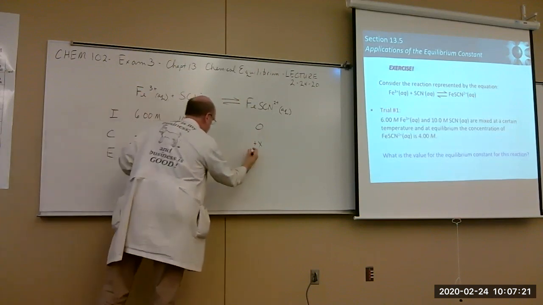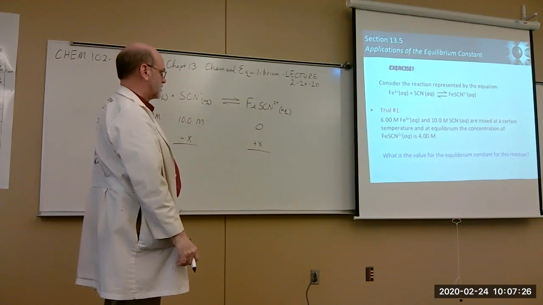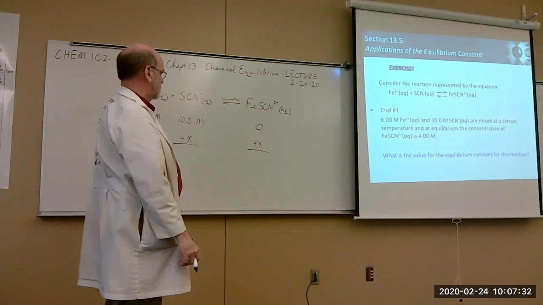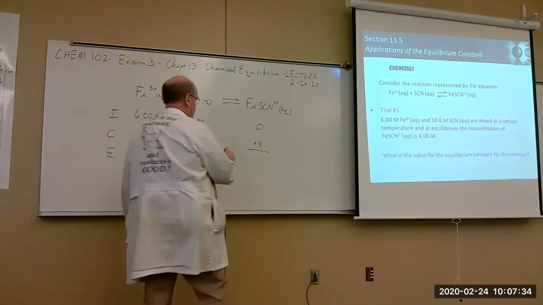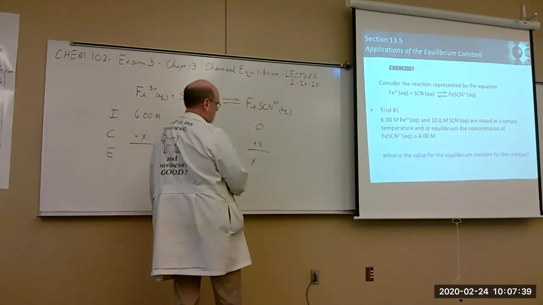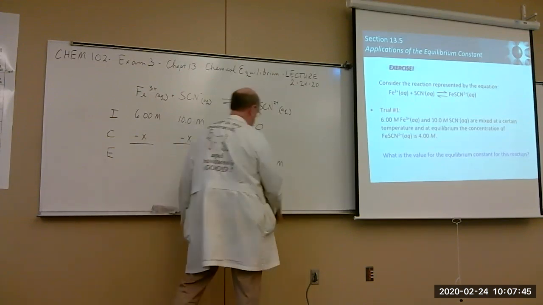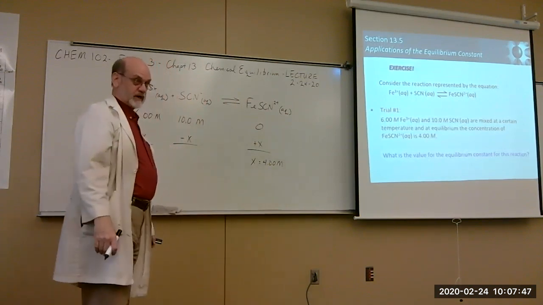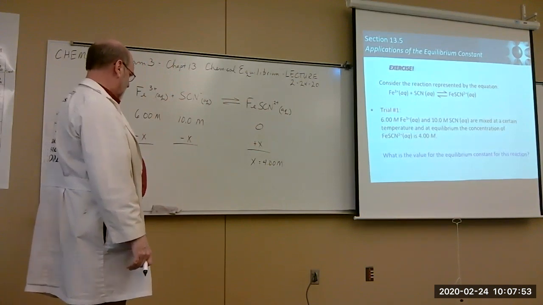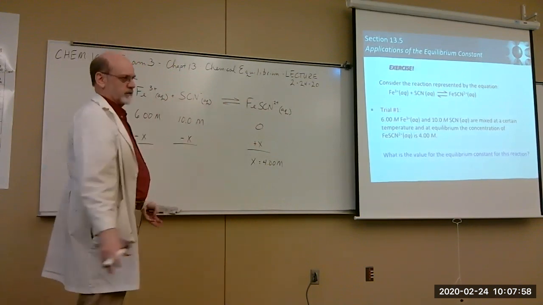So now, let's see. Okay, so this one is actually X, and that concentration is 4 molar. Okay? I'm going around the barn several times, but I want to use the ICE table to draw this conclusion rather than just jump right to the answer.